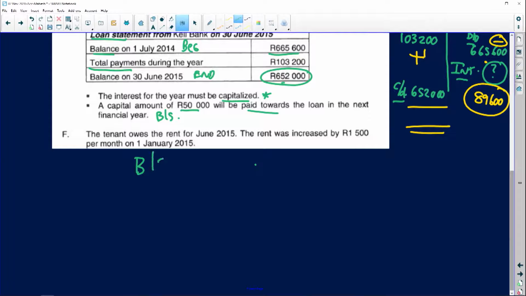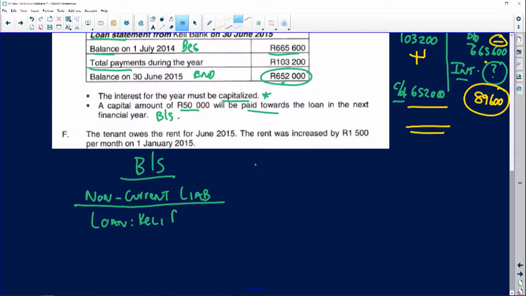So let's assume we were asked to do the balance sheet. So we've got non-current liabilities, right? And obviously we've got this loan, right, from Kelly Bank. And at the end of the year, my loan is sitting at 652,000.